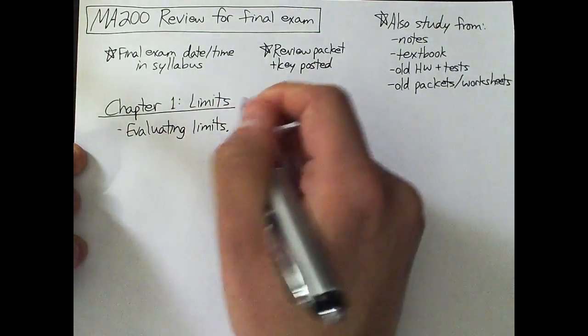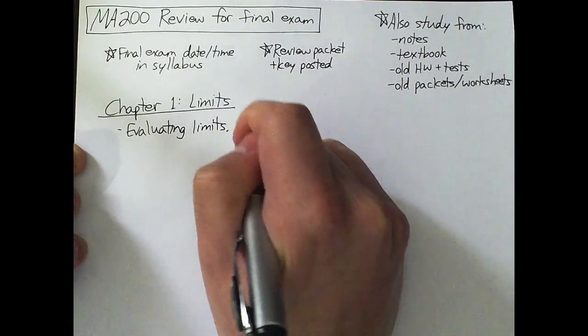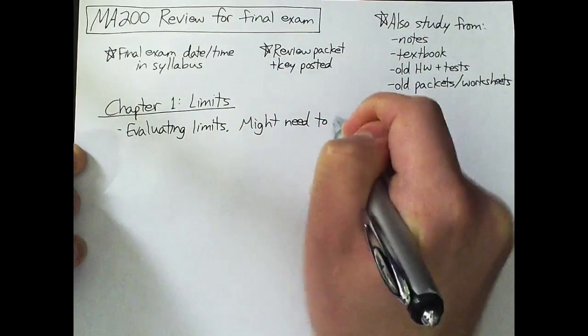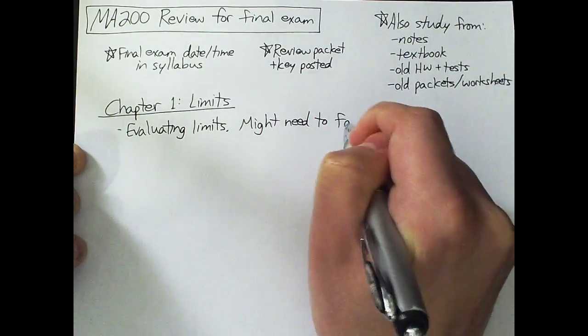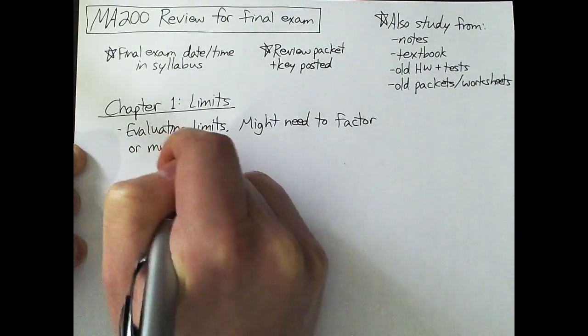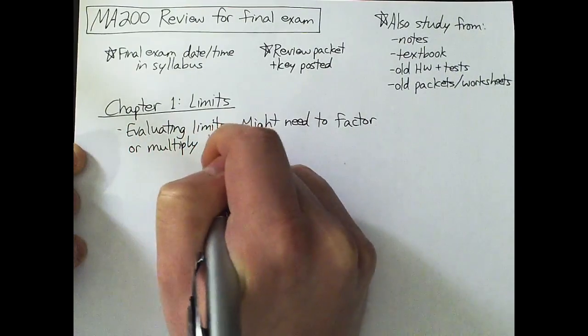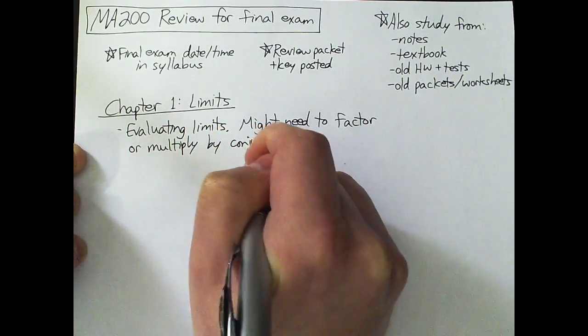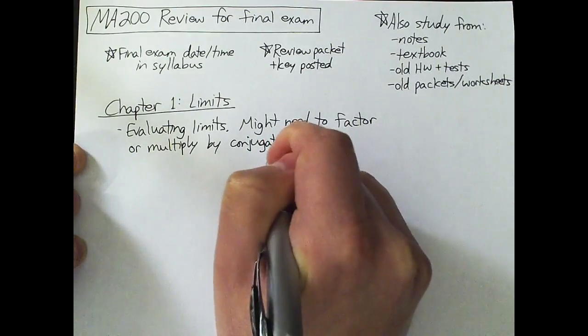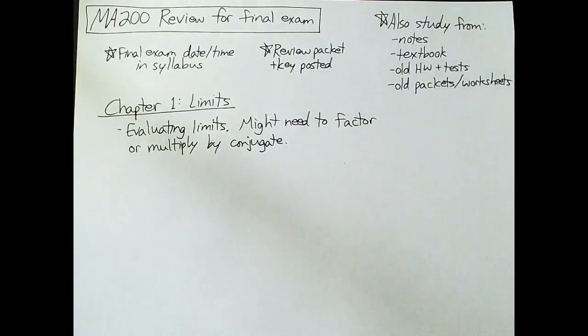The way that we solved them, we might need to do things from algebra, like factor or multiply by the conjugate. For limits involving square roots, we sometimes would multiply by the conjugate over the conjugate.